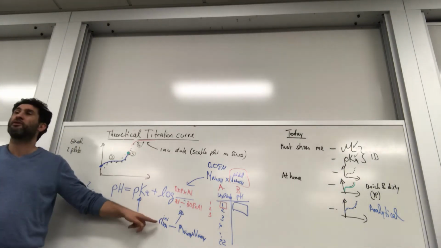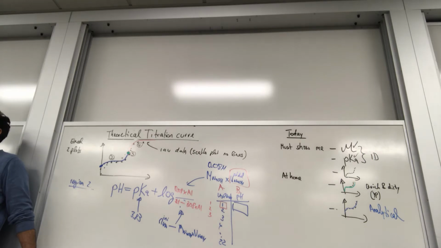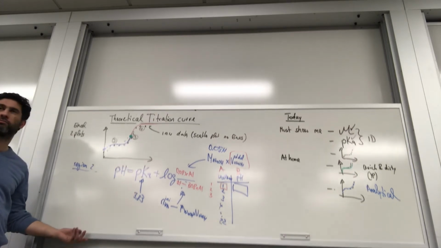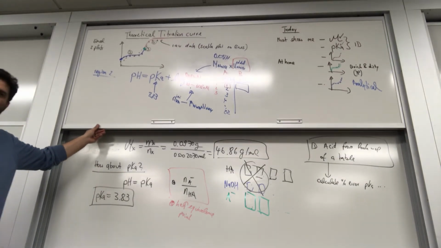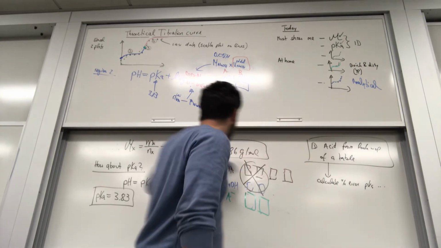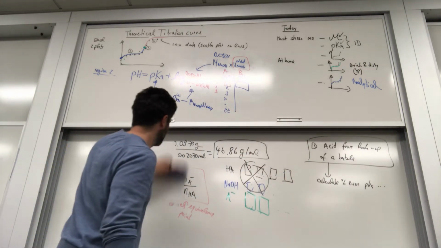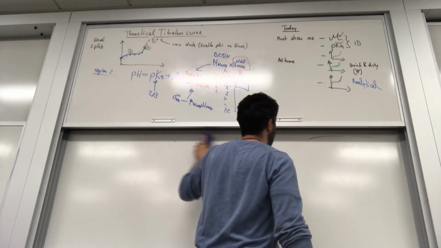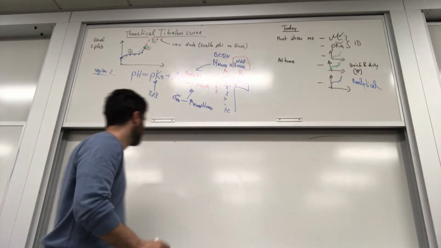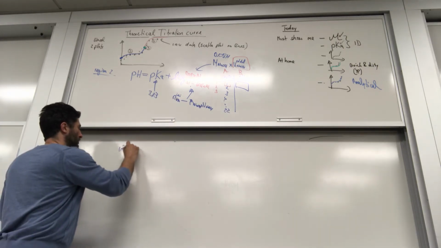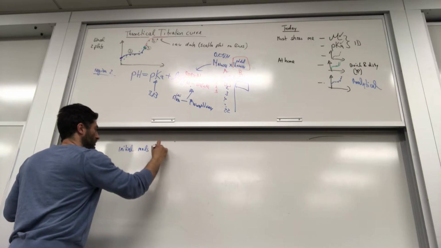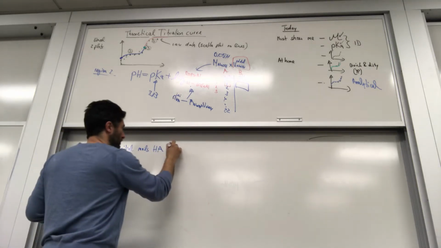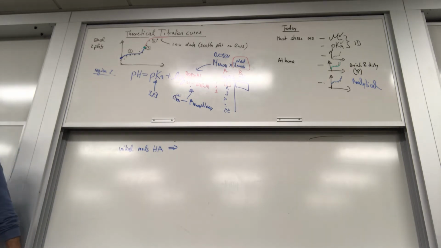How do I get the initial moles of HA? No ICE table. There's two ways.